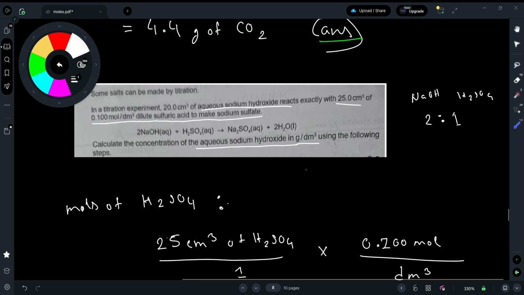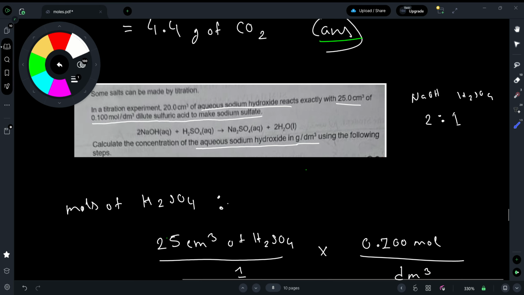Okay, so now we have our moles of HCl, and if you look at the chemical equation, for every 2 molecules of HCl from the reaction, you will get 1 molecule of carbon dioxide. So for every 2 moles of HCl, you're going to get 1 mole of carbon dioxide.